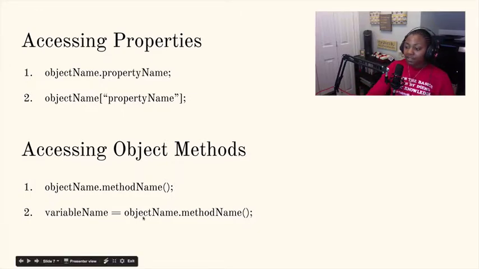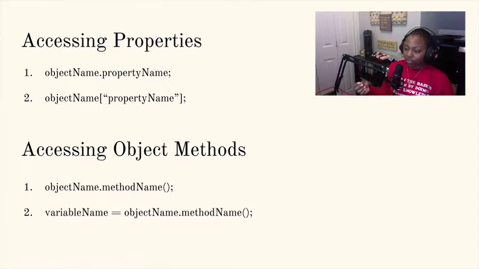Or you can assign it to a variable and then call or use that variable wherever. And anytime that variable is used, it will call that method, which would run that function, however way you want to say it.